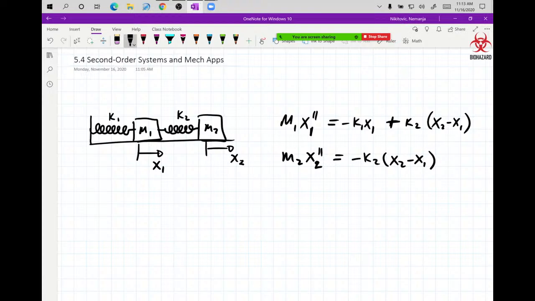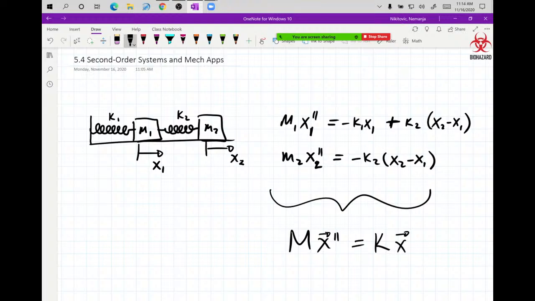So when you make the matrix of these values, you can first look at this system as the matrix M times X double prime, which is the vector, equal to the matrix K times the vector x1, x2.